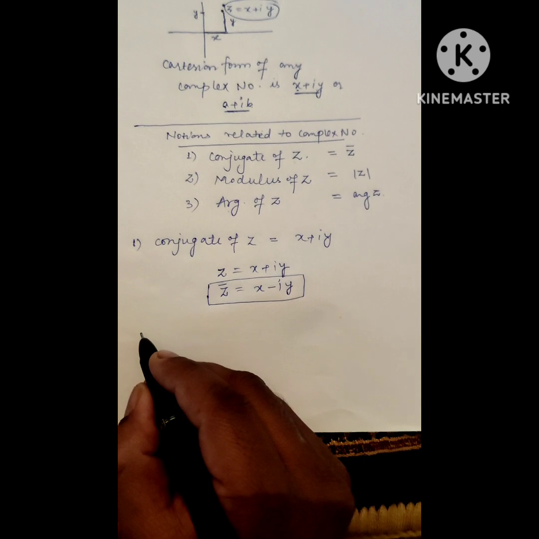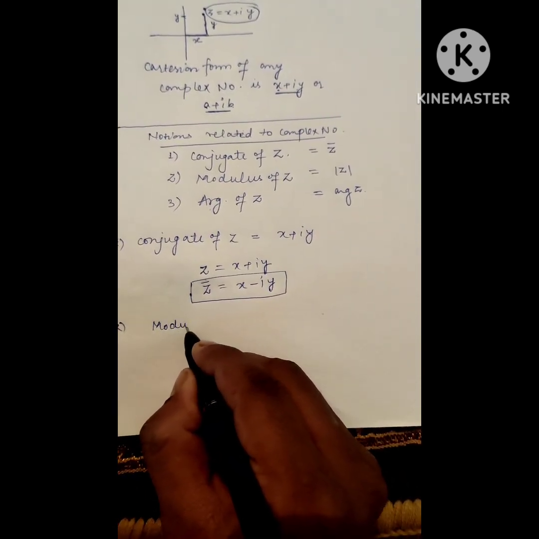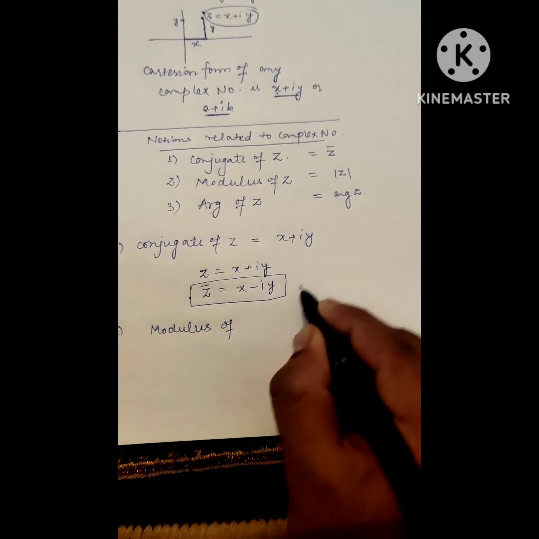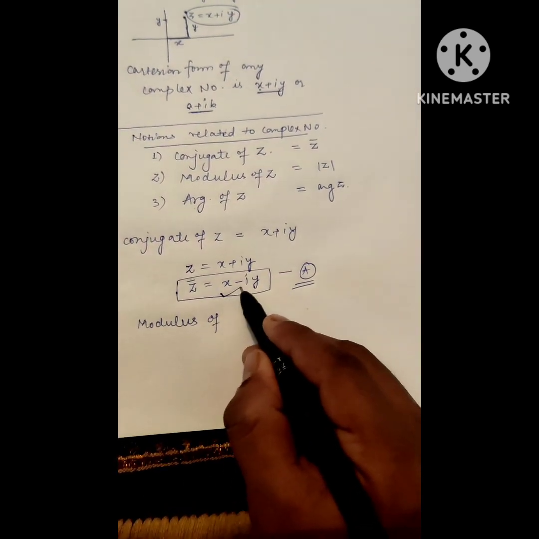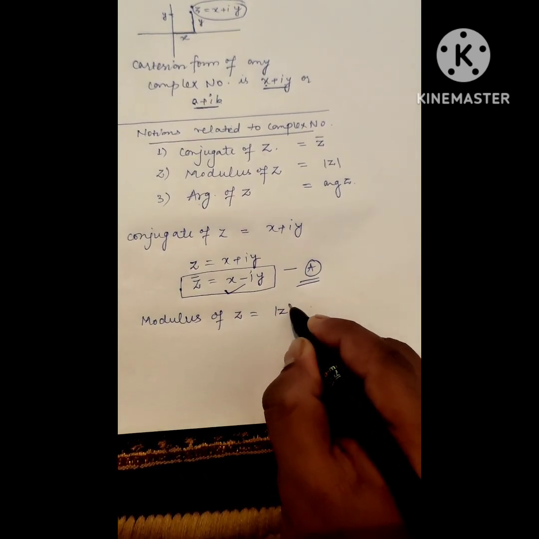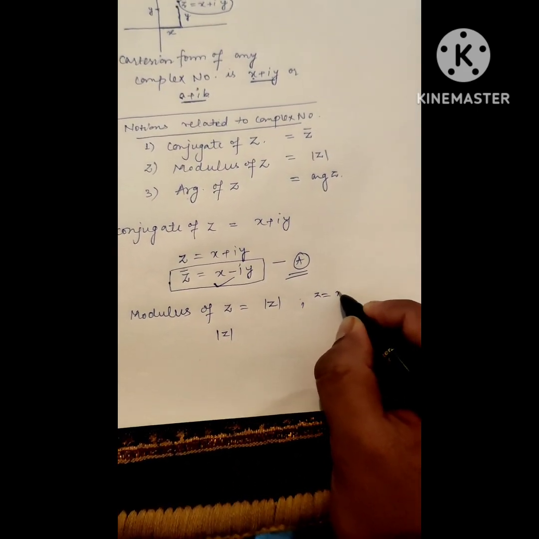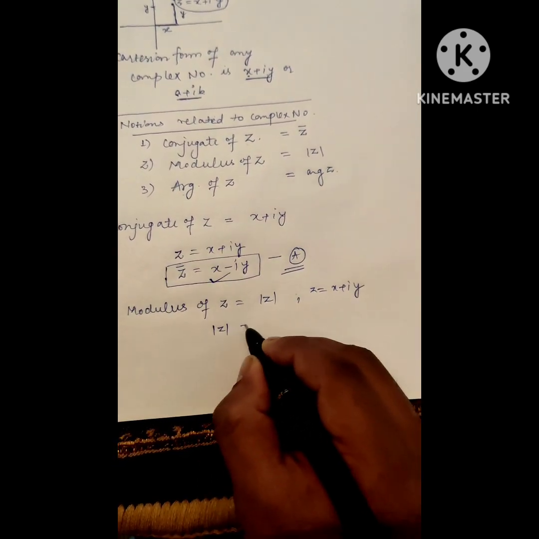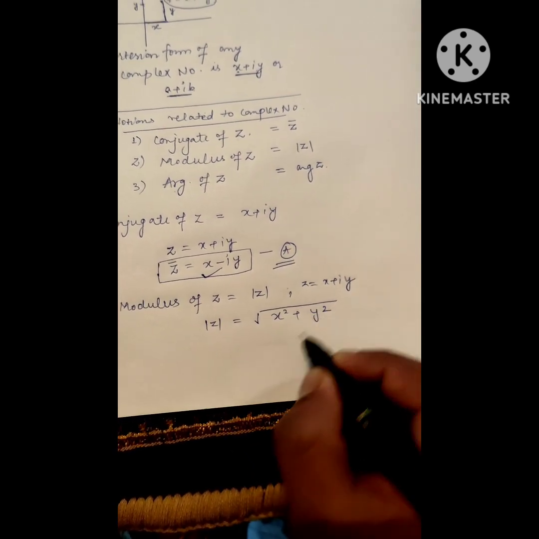Now similarly, modulus of Z. Remember this formula: modulus of Z is mod Z. What is mod Z? If Z is x plus iy, then the modulus of Z is under root x square plus y square.